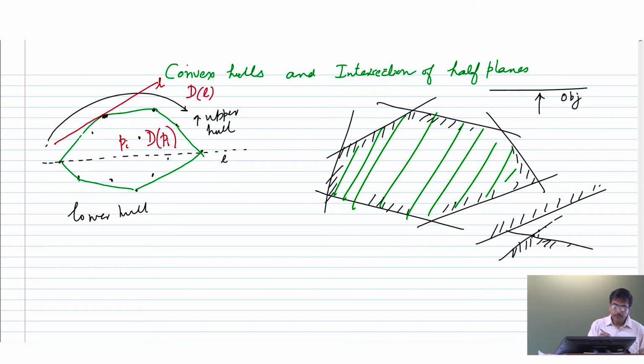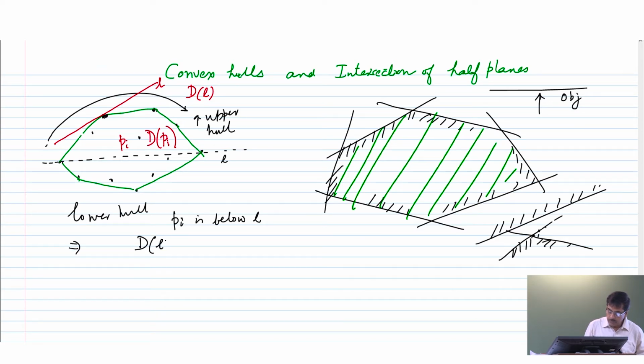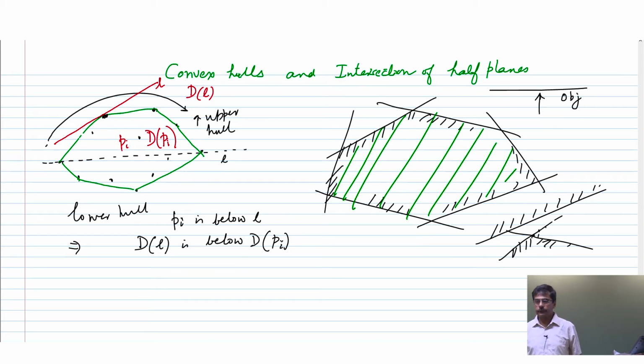Now this point p sub i is below L, and by our orientation, above-below property, D of p sub i, D of L implies D of L is below D of p sub i, from the above-below property of the dual transform.